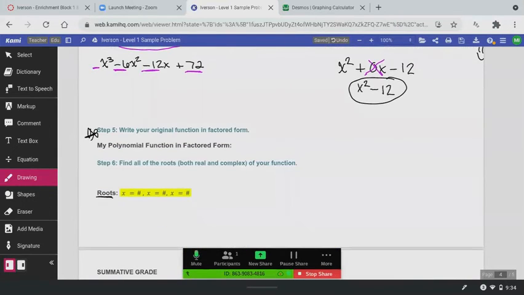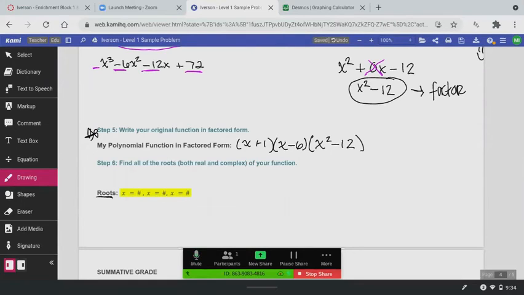So my polynomial in factored form, I would write x plus 1, x minus 6, and then this is also a factor. So I'd write this as x squared minus 12.